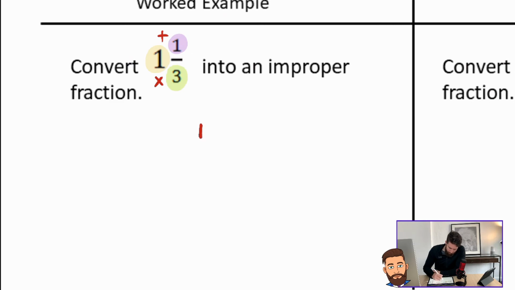So this is 4 over, same tip as last time, the denominator is going to be the same. So it's 4/3, because 3 times 1 is 3, plus 1 is 4. 4/3.